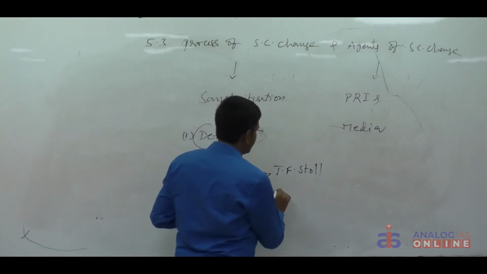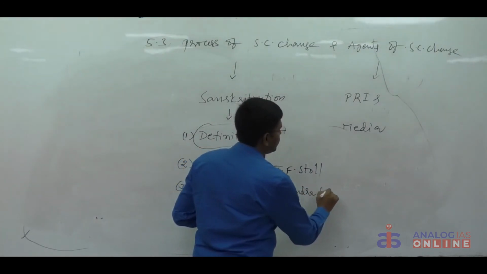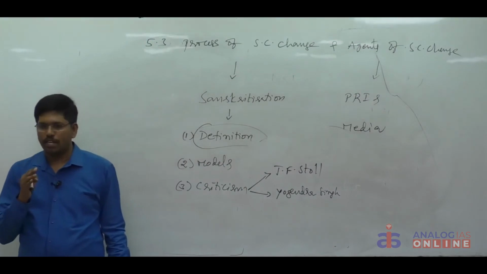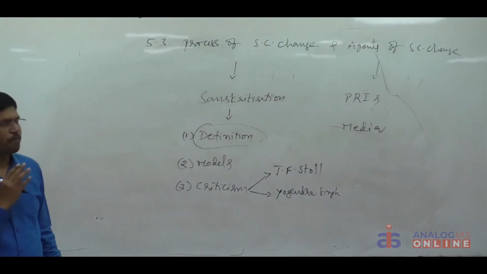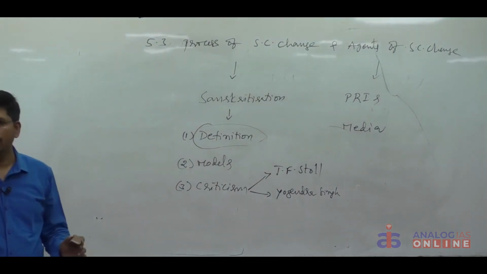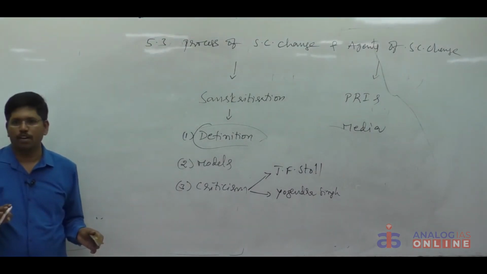There is another anthropologist by name Yogendra Singh. Yogendra Singh said that the concept of Sanskritization proposed by M.N. Srinivas failed to lead to a consistent theory to explain the process of cultural change.